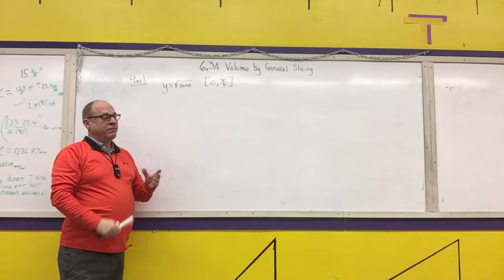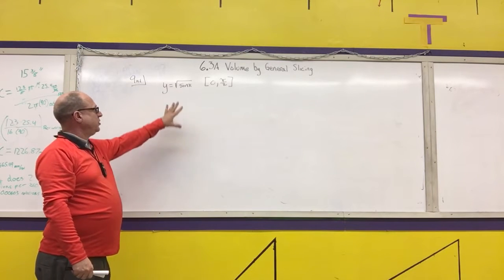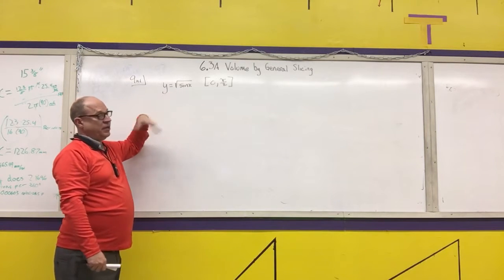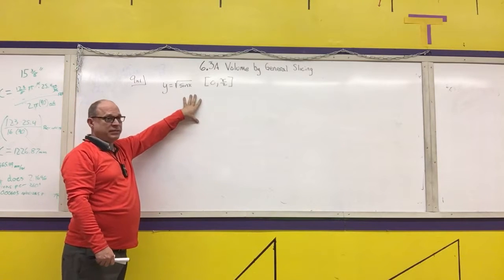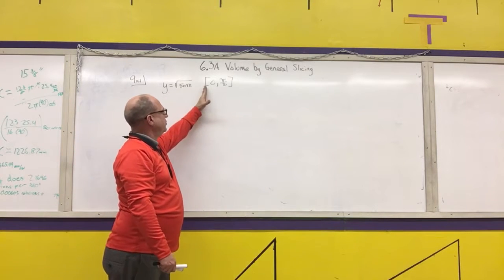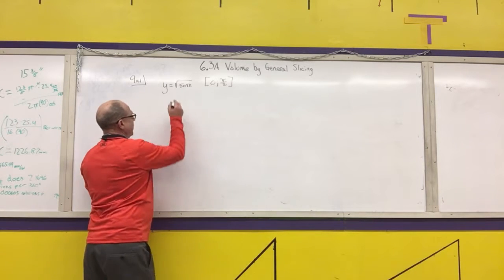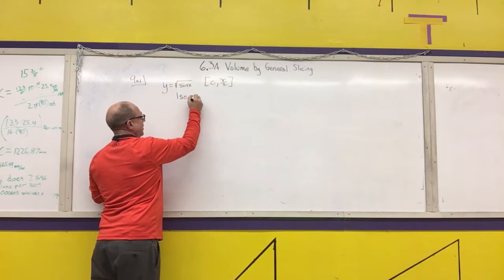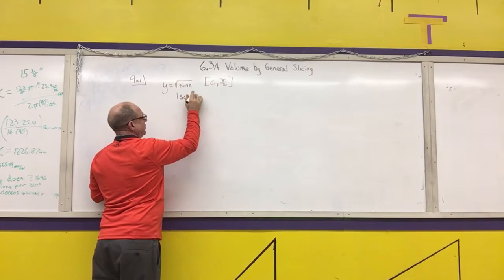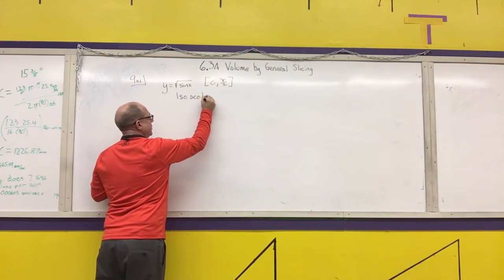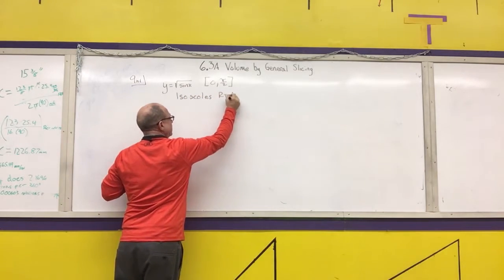They want the volume of the surface formed between the x-axis and, in my case, the square root of the sine of x, from the region 0 to pi halves. And in your problem 9 and mine, we're going to use isosceles right triangles.